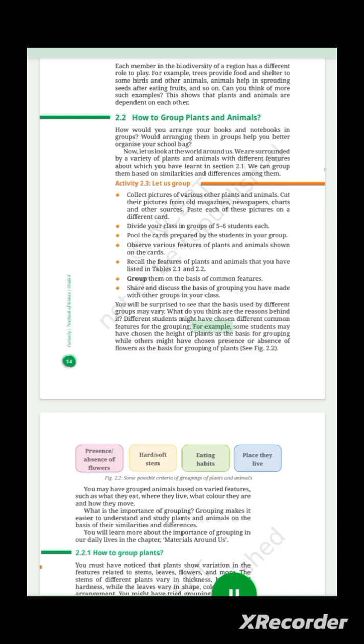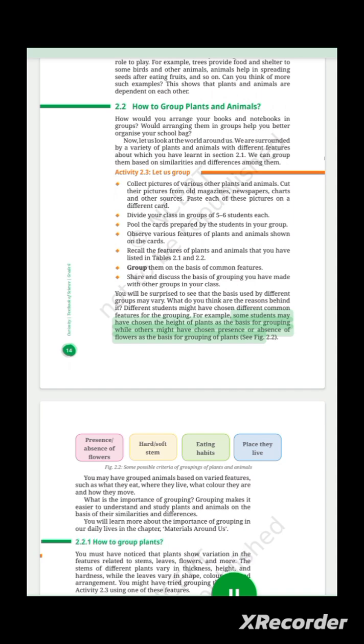For example, some students may have chosen the height of plants as the basis for grouping while others might have chosen presence or absence of flowers as the basis for grouping of plants.